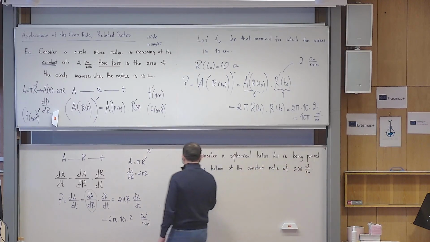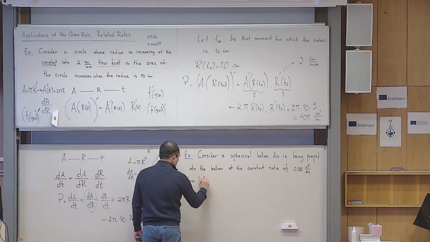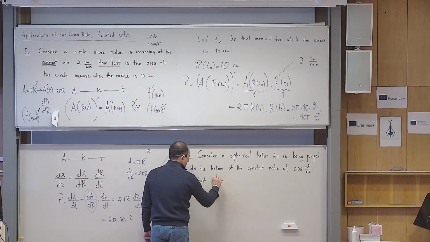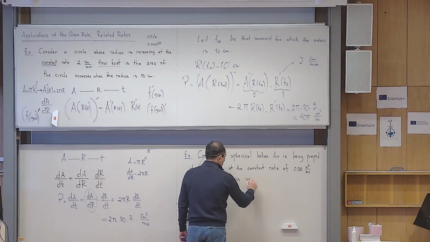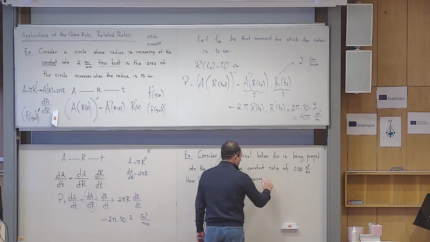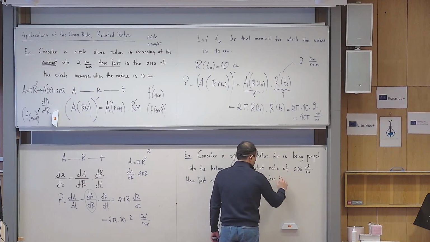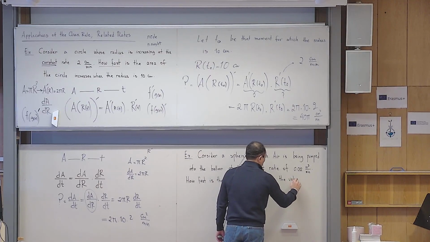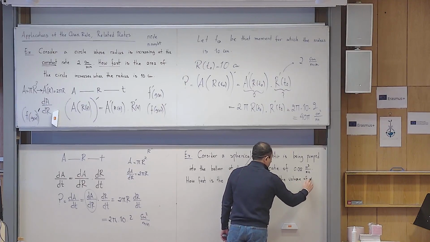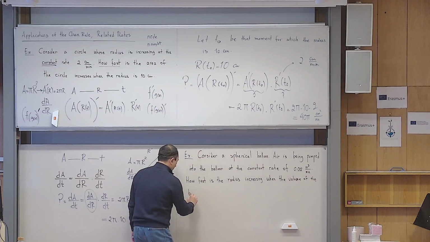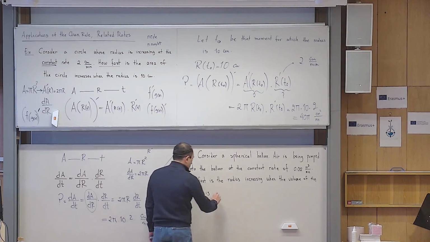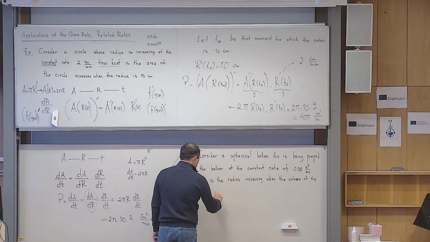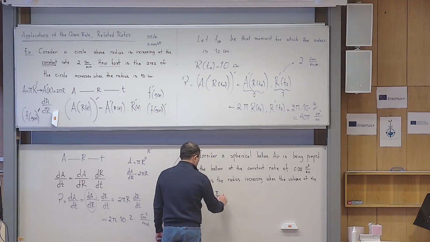How fast is the radius increasing when the volume of the balloon is, so let me write it in a way, I don't know, so let us write pi over 5 cubic meters.